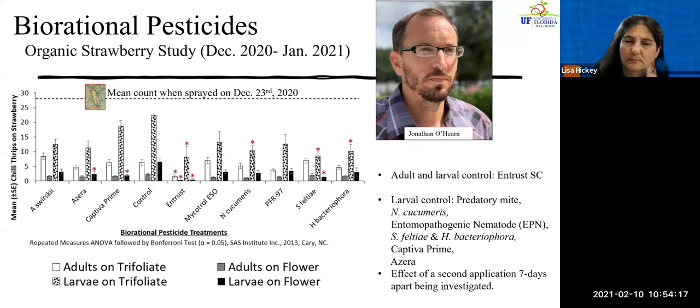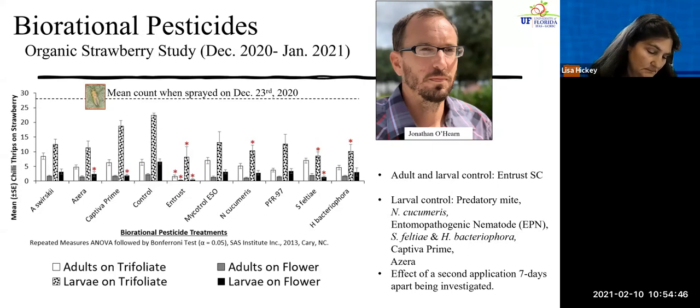This experiment was conducted on December 23rd, 2020, right after we collected chili thrips numbers, and we found that there were at least 30 chili thrips on average on the strawberry plots. Since then, we have been collecting data on chili thrips, adults, and larvae found in the strawberry leaves and flowers for 28 days.